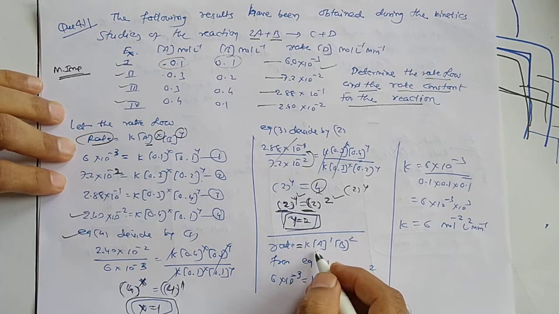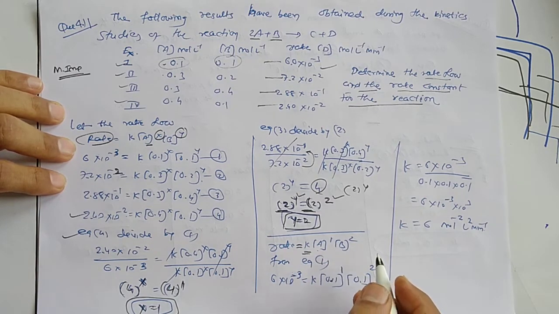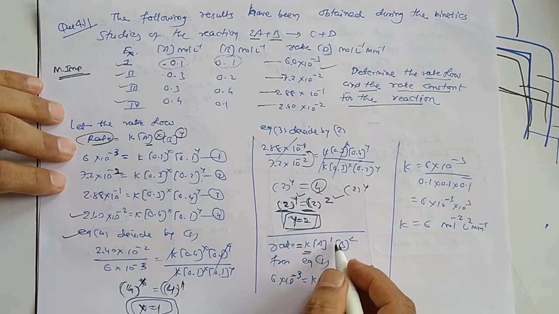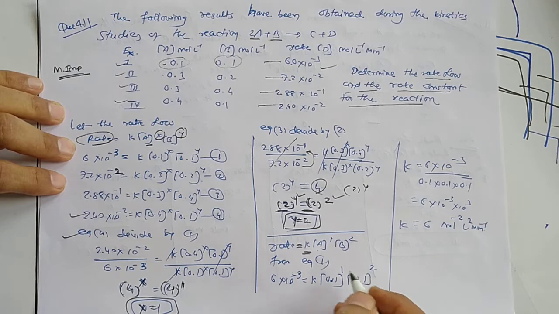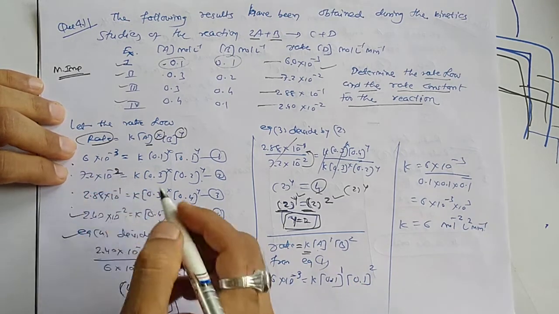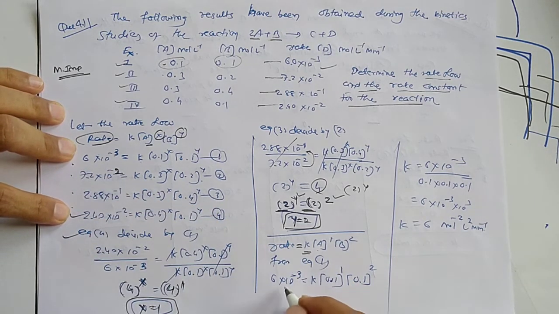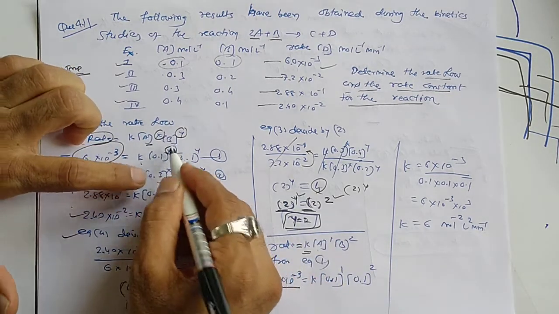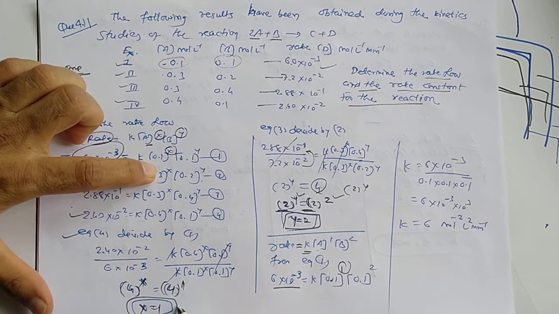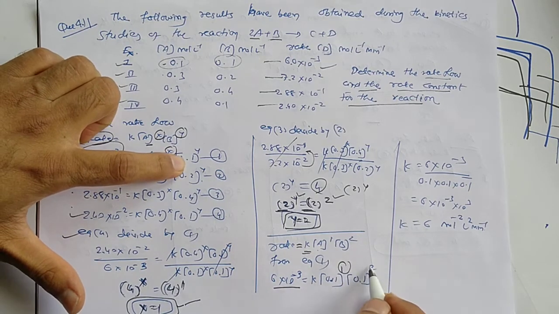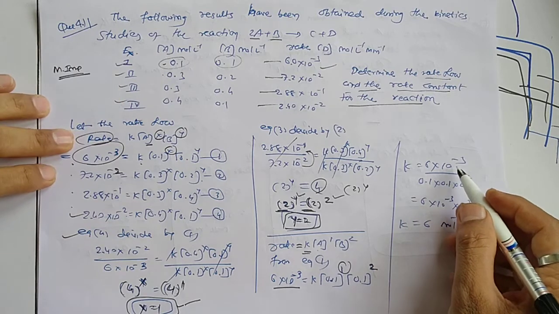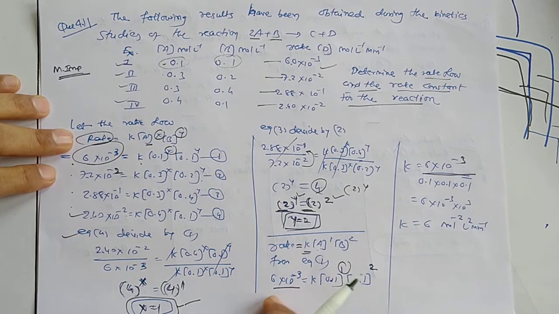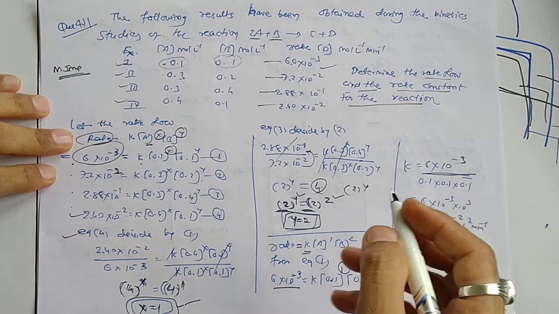Now rate equals k[A]^x[B]^y. We have to find k; x and y are already defined. From equation 1, 2, 3 or 4, put the values in any one and derive k: 6 × 10^-3, 0.1^x, here 0.1^2. So k will be 6 × 10^-3 upon 0.1 two times.